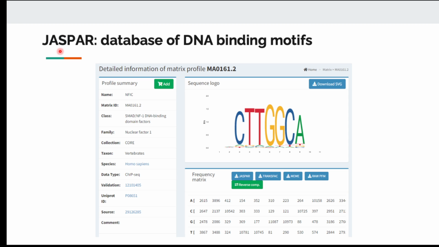JASPAR is a database of DNA binding motifs for every protein. If you go to this website and search for a transcription factor, in this example a SMAP protein, you can identify this sequence, and you can use it to search in your nucleotide sequence to determine if the SMAP protein can bind to that region.